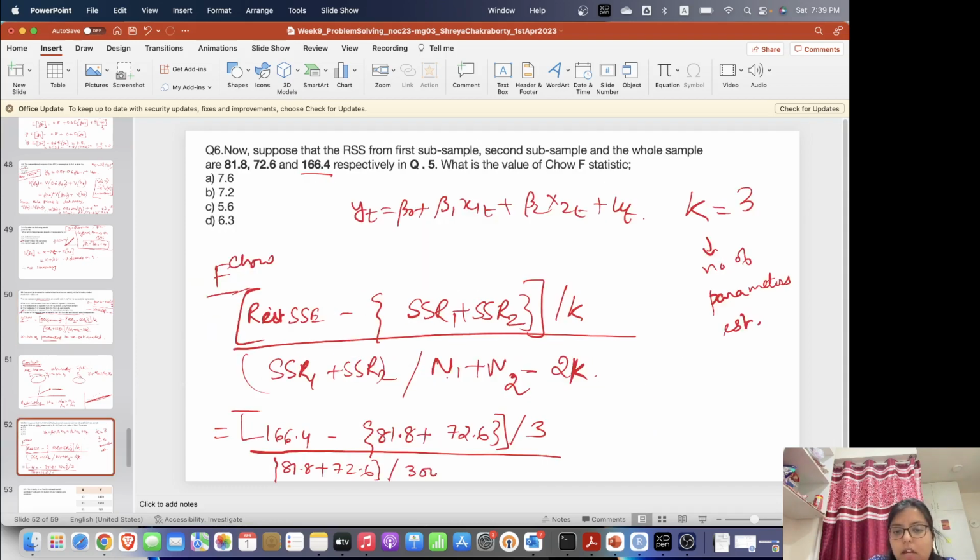So that will be 300, or we split it equally, so I'll write 150 plus 150, it's actually the same thing, minus 6. So what will be the value? Can you calculate?